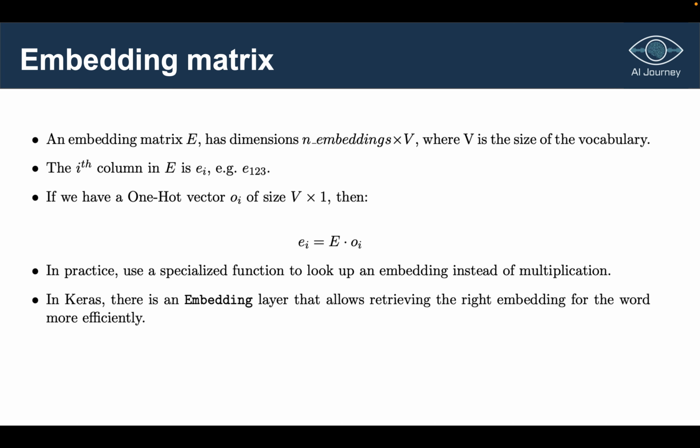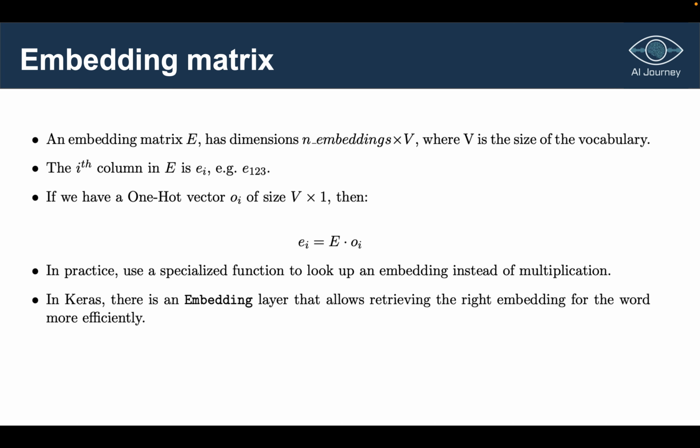I'm going to skip this slide, but the main takeaway is that we are trying to get an embedding matrix E, with dimensions of some number of dimensions times the vocabulary size. For every vocab item I have one column, which is the embedding of this token, and the way I get the ith column is by multiplying the matrix by the one-hot encoding vector.